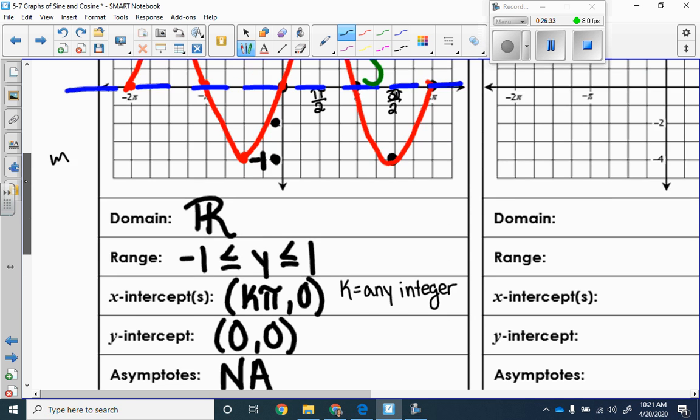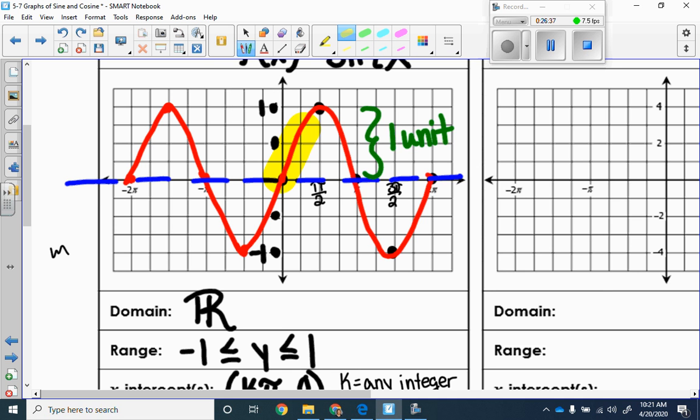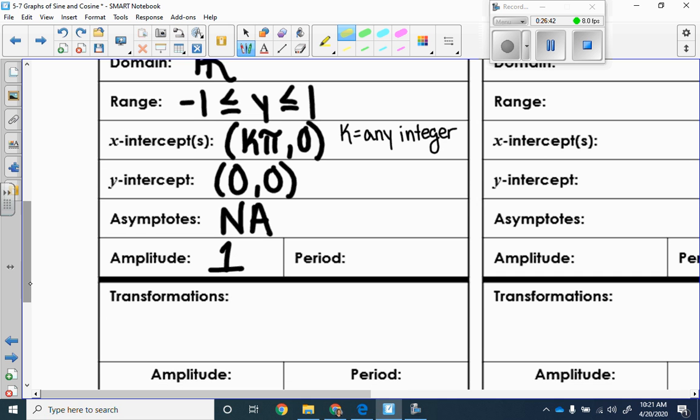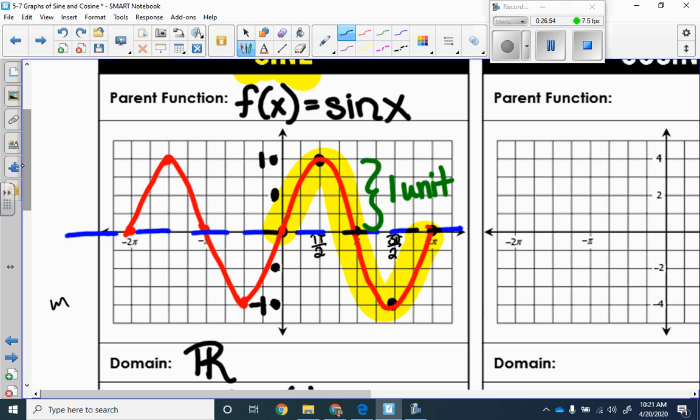Your period is how long it takes to make one complete cycle, and it's going to take 2 pi radians to make one cycle. And the transformation part, we will wait on that until another day. So that right there is your sine curve.